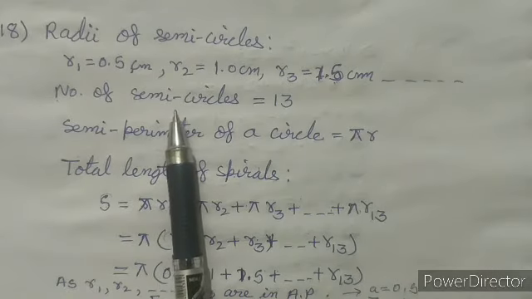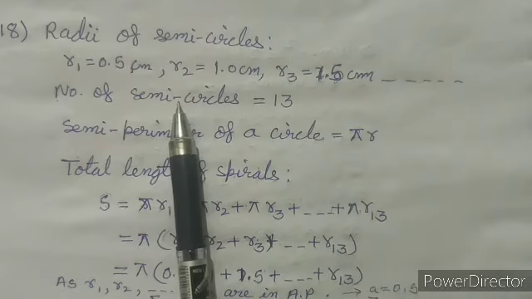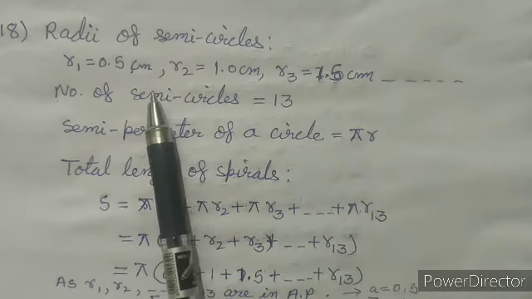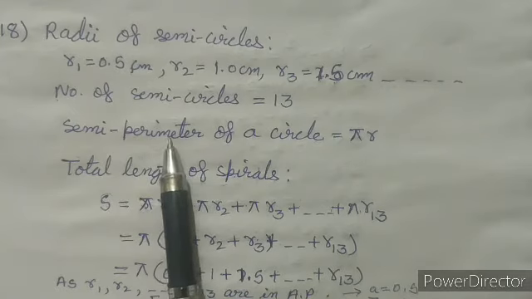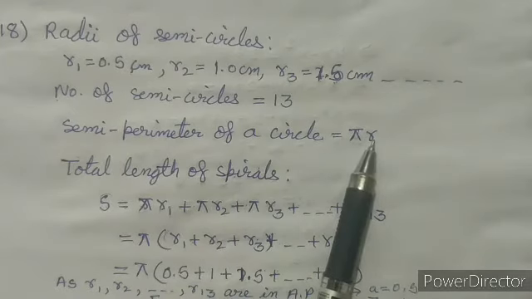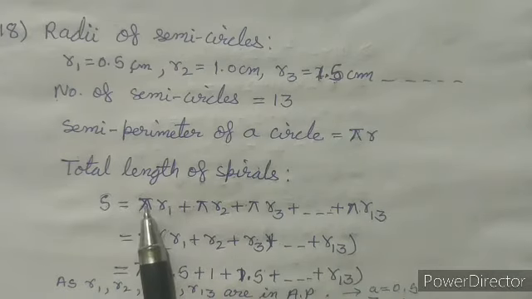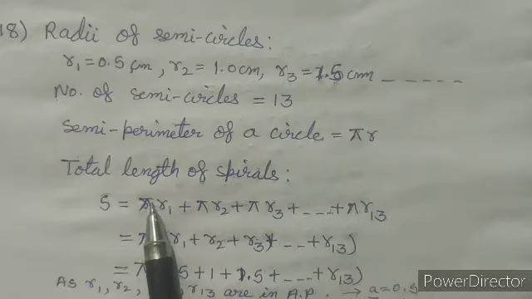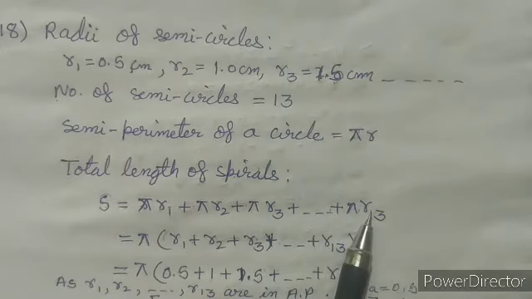Total length of the spiral will be obtained by adding the semi-perimeters of the semicircles. Now as we know that the semi-perimeter of a circle is equal to pi r, so the total length of the spiral will be equal to the sum of the perimeters of 13 semicircles, that is pi r1 plus pi r2 plus pi r3 up to pi r13.